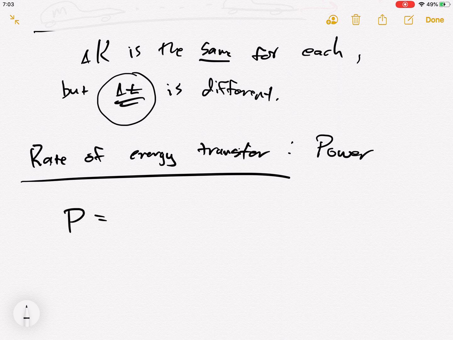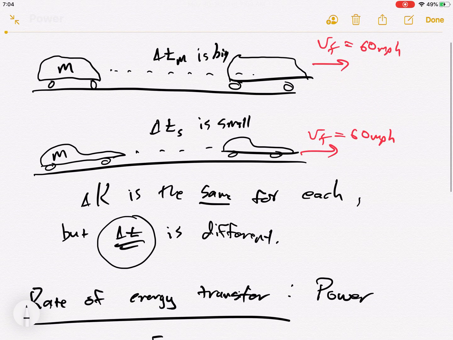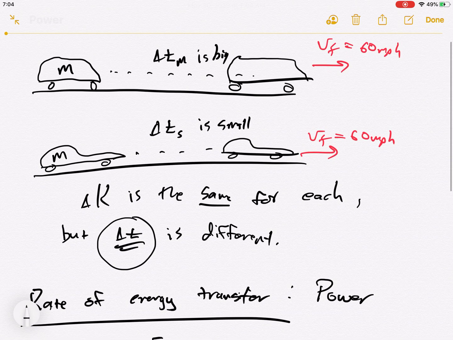And power is just delta E of whatever kind divided by delta T. Right? So the power delivered to the car by the car's engine for the sports car is big because I'm dividing by something small, and the power delivered to the minivan by the minivan's engine is small because I'm dividing by something bigger. And that tracks, right?